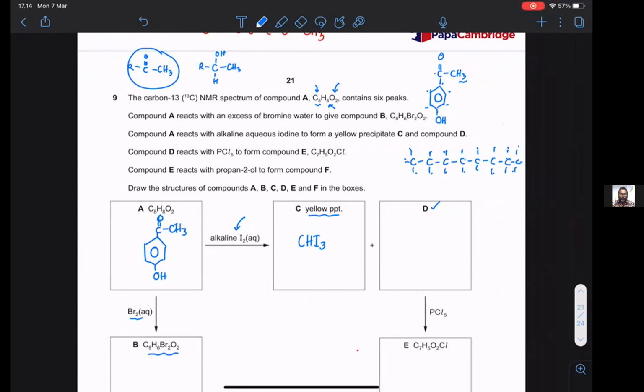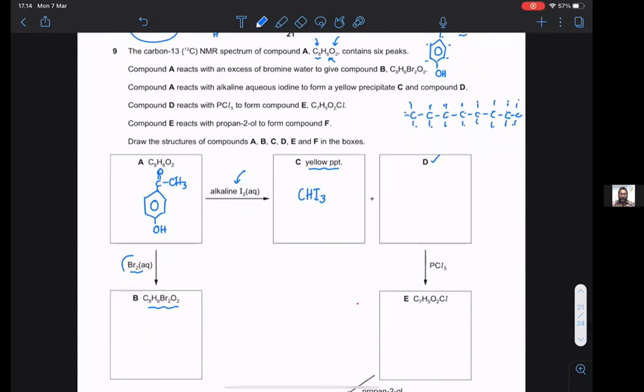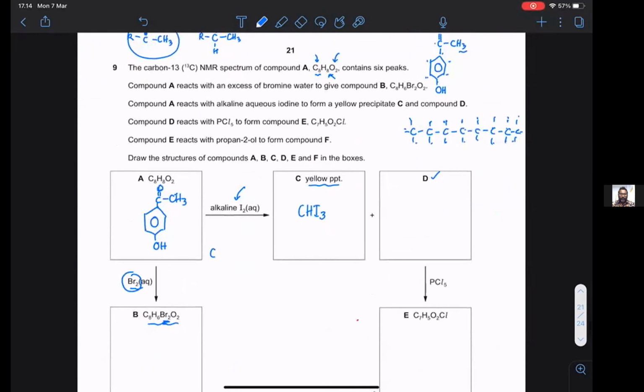But when you react with Br2, normally we think that a double bond might be there. But in this case, if I count all this, it is going to be C6H4, and then COCH3, and then OH.